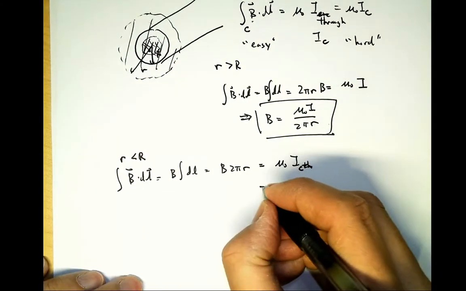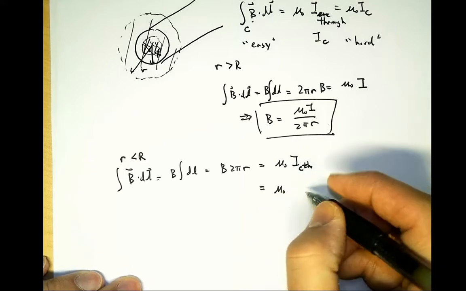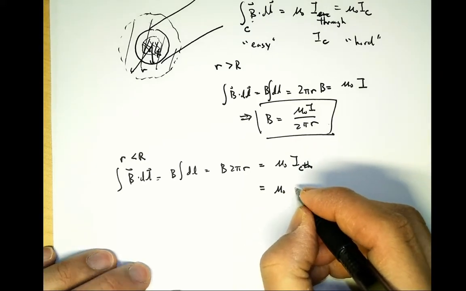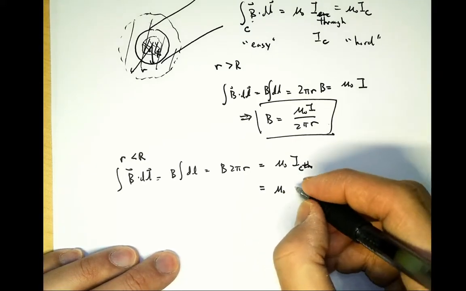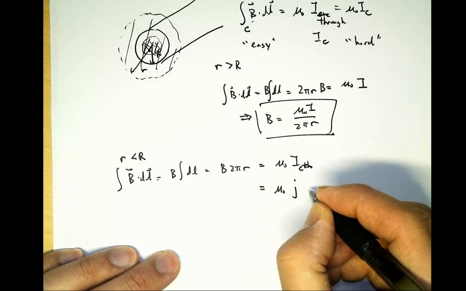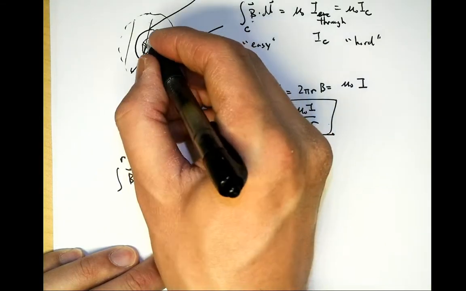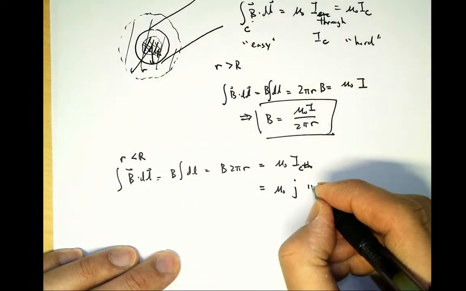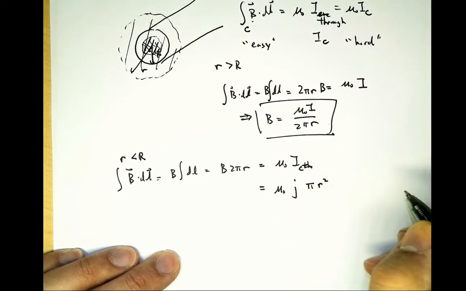This is going to be equal to mu 0 times the current cross-sectional density, which I'll call J, times the cross-section we have to care about, which is this piece in here. That's pi r squared. And what's J?